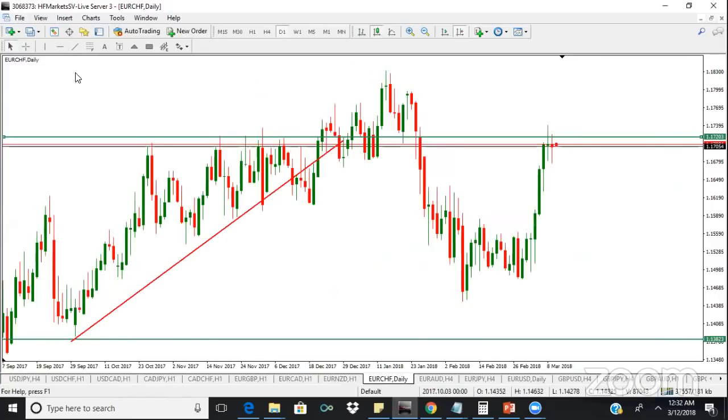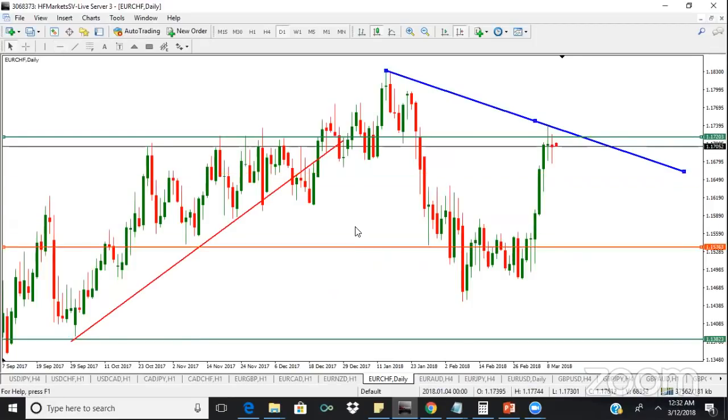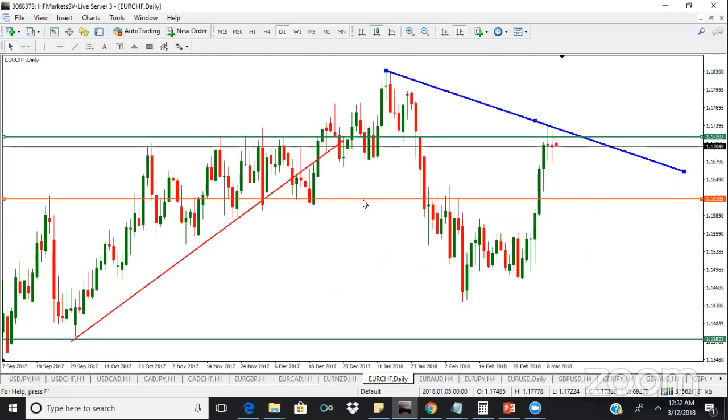Are you ready, guys? So it's only Euro CHF that looks like it. However, it's a long-term trade.